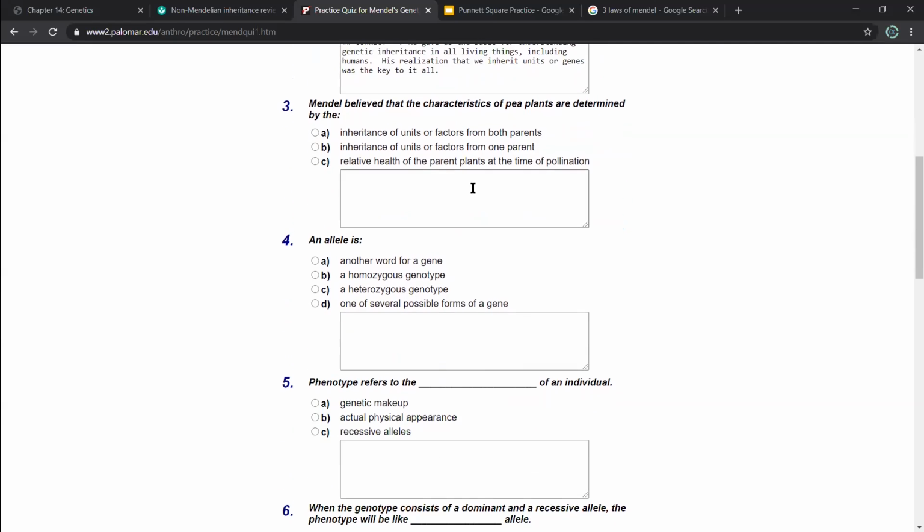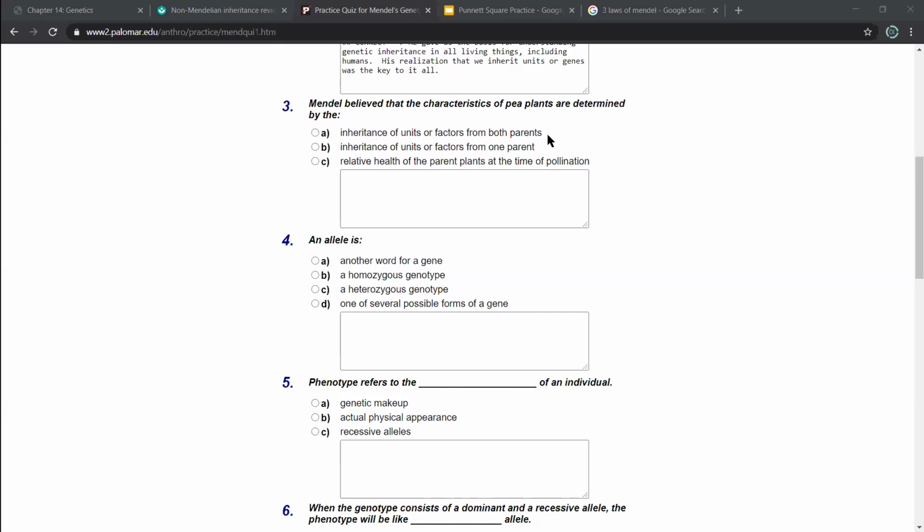Okay, now let's get into some actual genetics questions. Mendel believes that the characteristics of pea plants are determined by A, B, or C. This is going to be directly from the law of segregation that we talked about, Mendel's law that each parent is going to donate one allele.